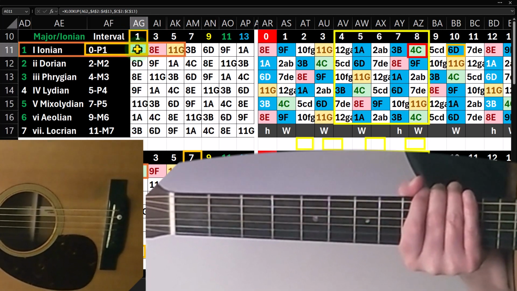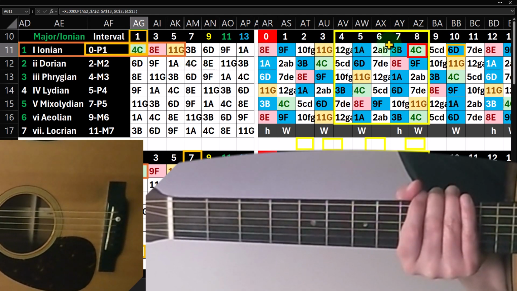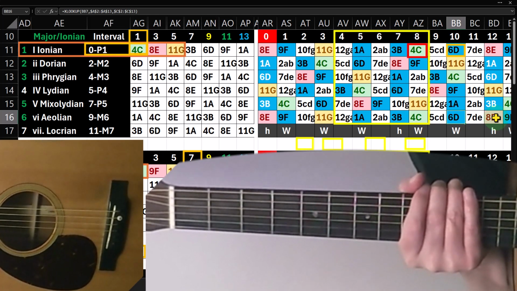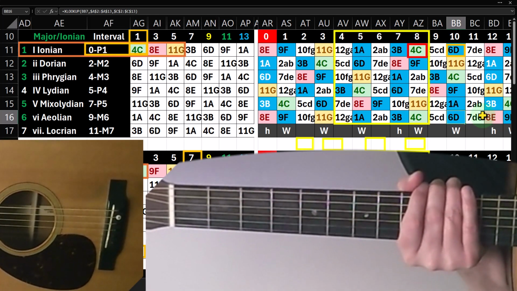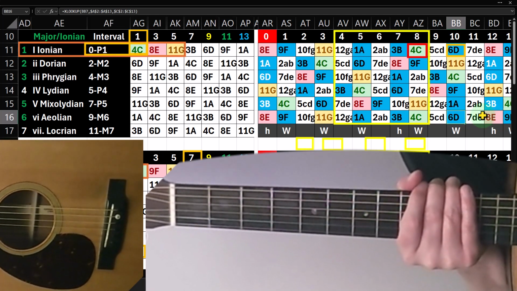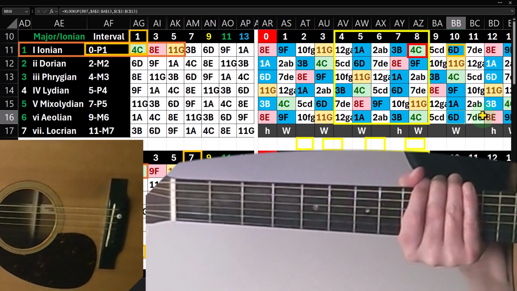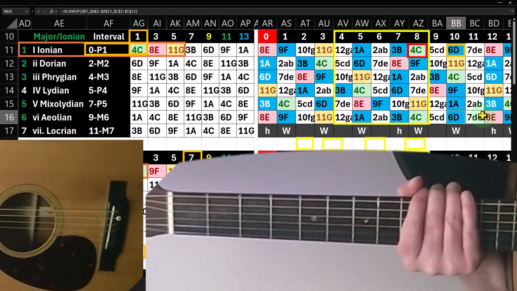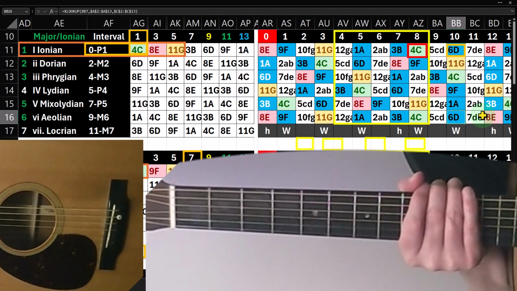Whereas in the formula, I'm going to walk up the formula. I'm going to go from the C to the D, and then I'm going to measure from the D to the E. So I want to use that formula to also look at the difference between whole steps and half steps when I'm looking at it that way versus the idea of intervals.